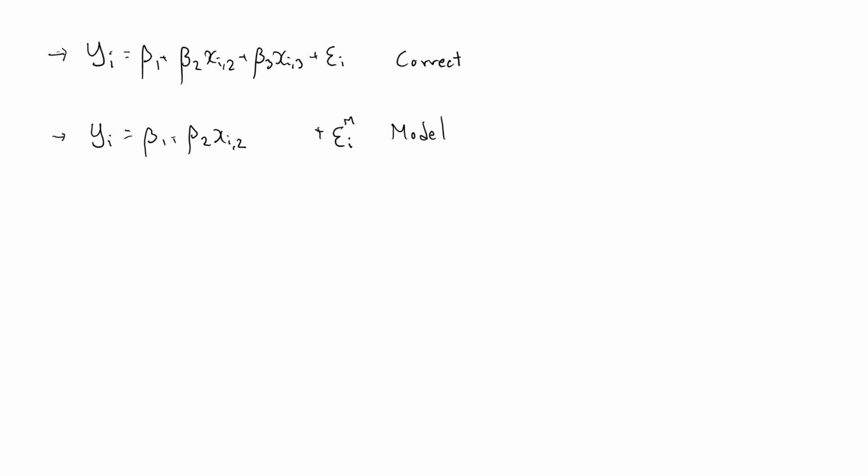I have named the error term in my model epsilon i with a superscript m, just to remind me that that's not the same error term as in the correct specification. You can actually see by just comparing these two that the error term in my model is actually the correct error term plus beta 3 x3. So what's happening here is that this x3 variable gets included in the error term of my model.